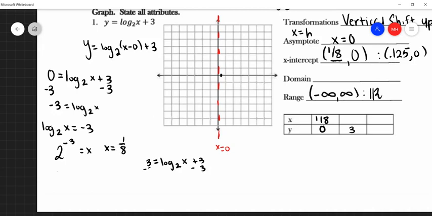We'll subtract 3, 0 equals log base 2 of x. I'm going to switch everything around. 2 to the 0 equals x, and anything to the 0 power is 1. So I have the point 1, 3.